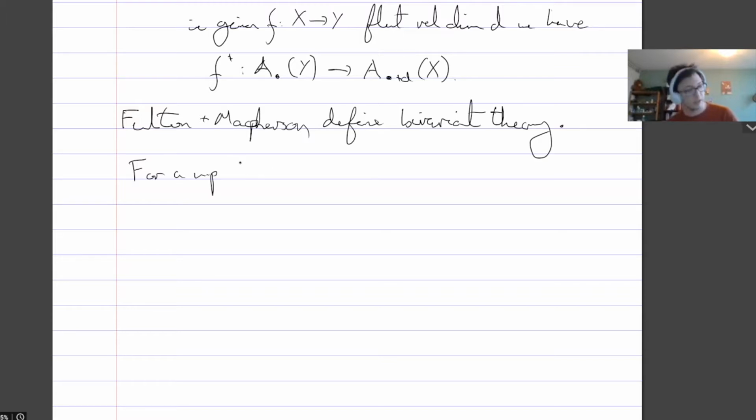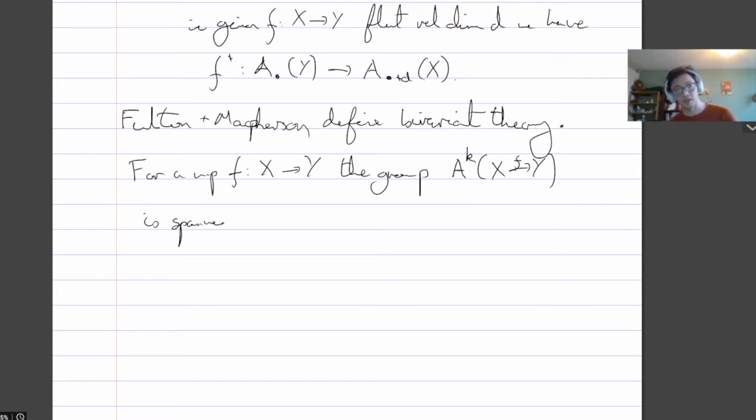So for a map f, X mapping to Y, the group A upper k, not lower indices now, the bivariant theory of f, this is spanned by the following objects.